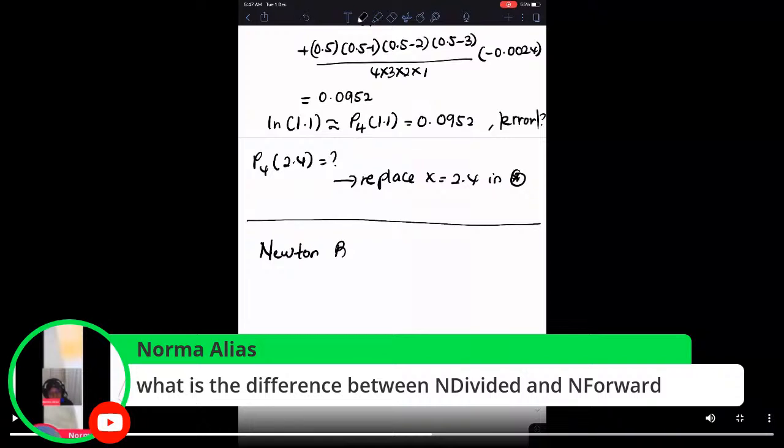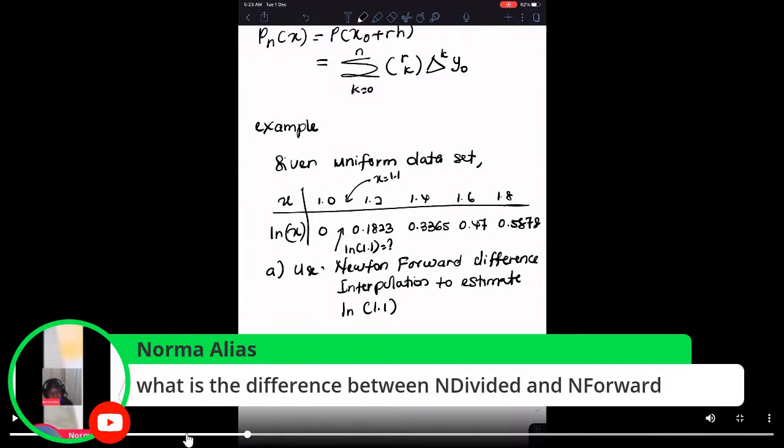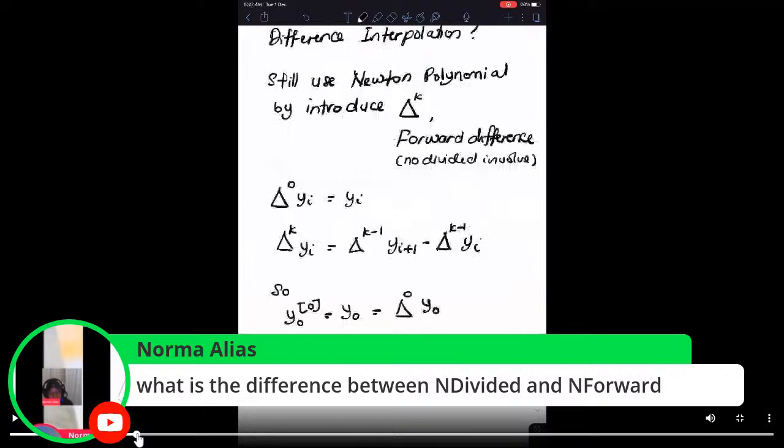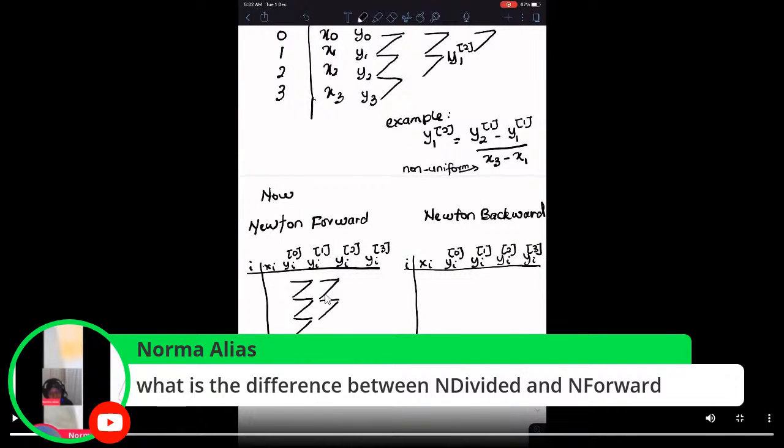There are so many differences, I just want one. What is the difference between Newton divided and Newton forward? Can you answer my question before I go to Newton backward? Come on, I'm waiting for you.